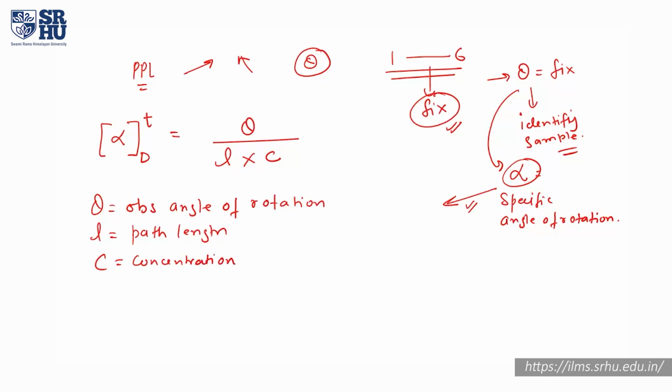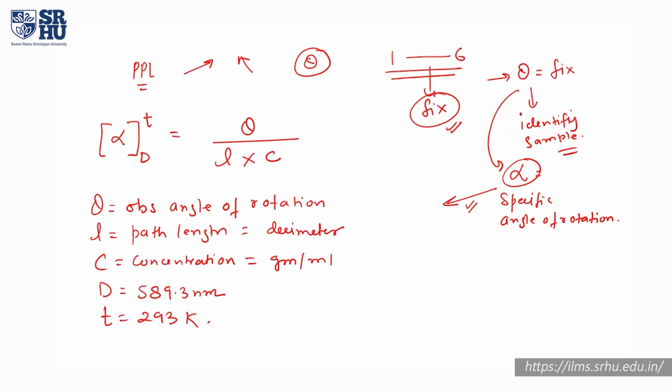Remember that this path length L is measured in decimeter, and this concentration C is measured in gram per ml. The D line of sodium is 589.3 nanometer and temperature is 293 Kelvin.